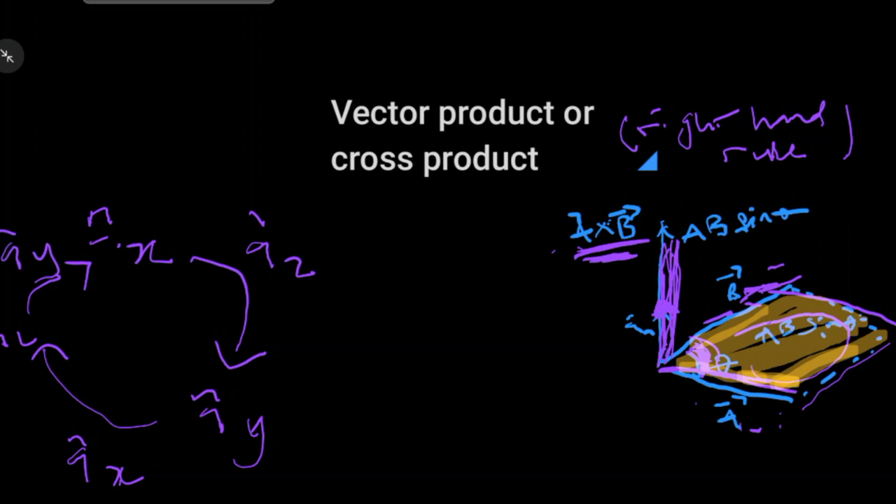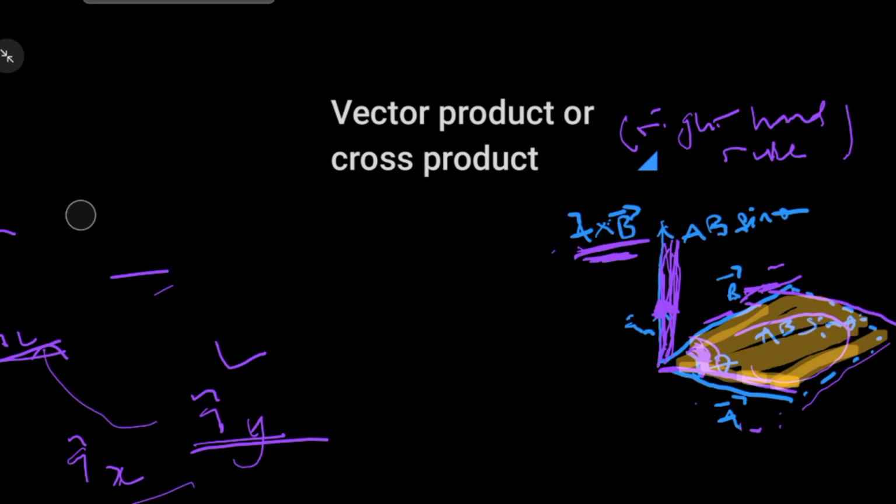So you can see that ax multiplied by ay, we have a positive az. Ay multiplied by az, we have a positive ax. Az multiplied by ax here, we have a positive ay. So you can always visualize this in your head whenever you are solving a problem.